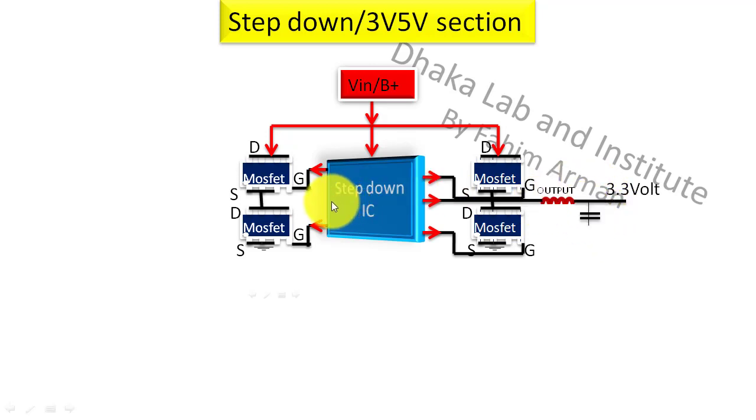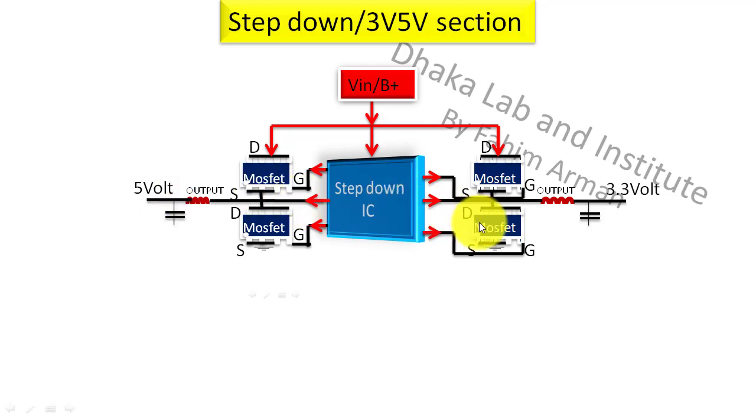At the same time there will also be phase from the step down IC, and after getting the high-low signal from this MOSFET, there will be 5 volt, and from the output coil this voltage will be filtered, and it will be pure 5 volt DC. There is a polar capacitor, and by this capacitor there will be pure DC voltage.